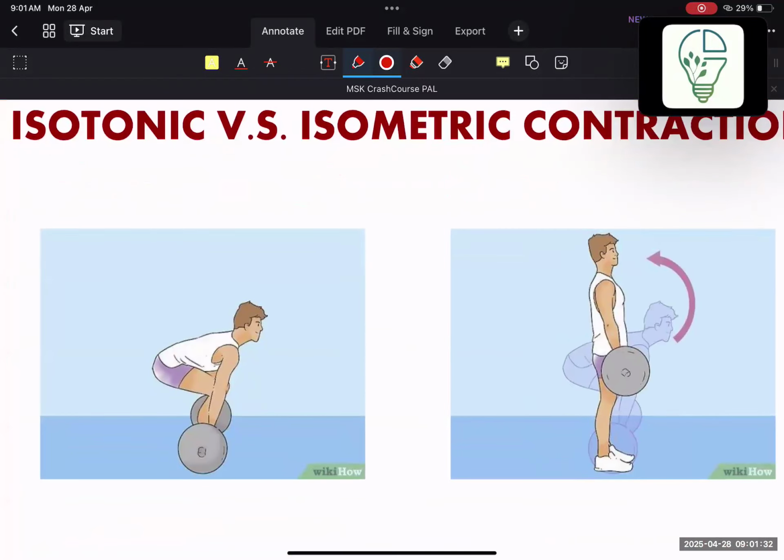So imagine you're trying to perform a deadlift, which is this exercise over here, and you're trying to break your personal record. So this is your first time lifting a weight that's this heavy, okay? What's essentially going to happen is that you're going to try to pull it up, and you're going to strain a lot, especially if this is your first time picking up such a heavy weight.